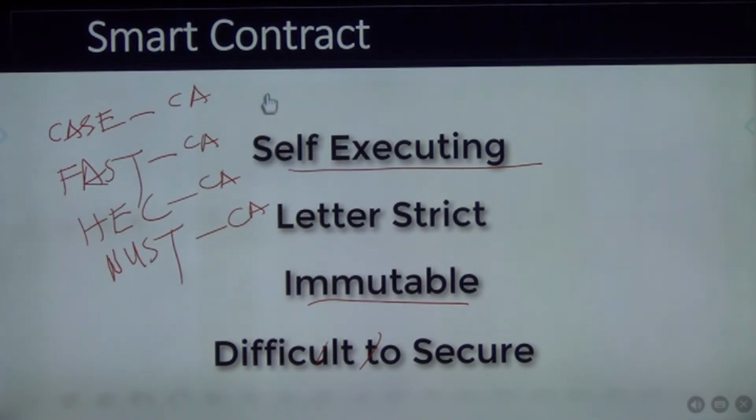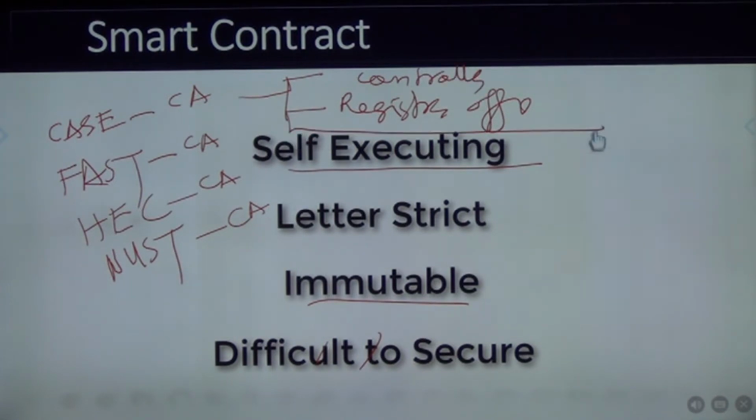Then you need to decide who all are the stakeholders in case. As I mentioned, it is the registrar office, the controller of examinations, it may be the office of the dean, maybe the head of the department, right? Students affairs.